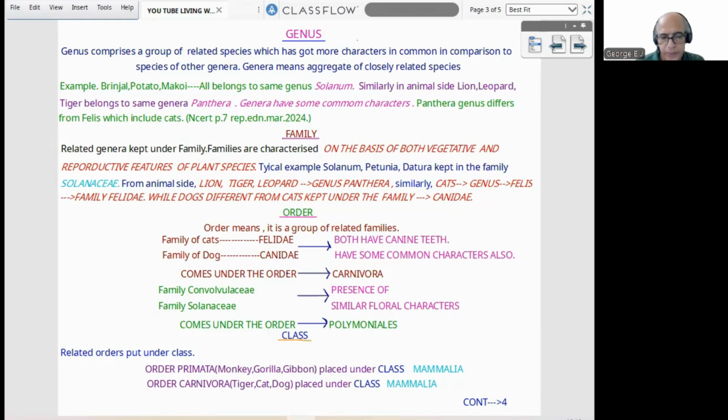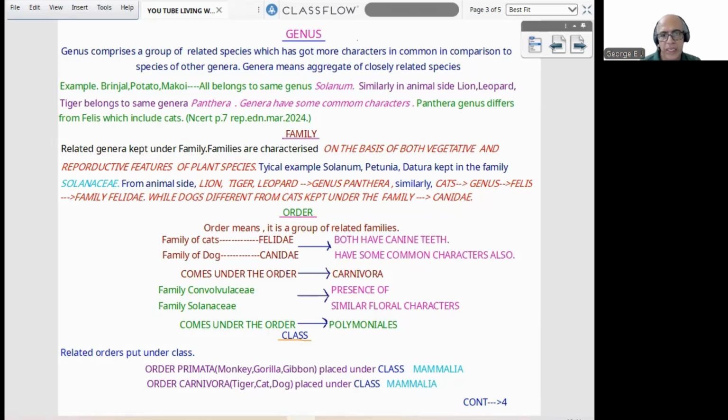Next is order. Order means a group of related families: species, genus, family, order. So we are going ascendingly. The family of cat is called Felidae, and the family of dog is called Canidae. Remember, both have canine teeth and some common characters also, so they come under the order Carnivora.